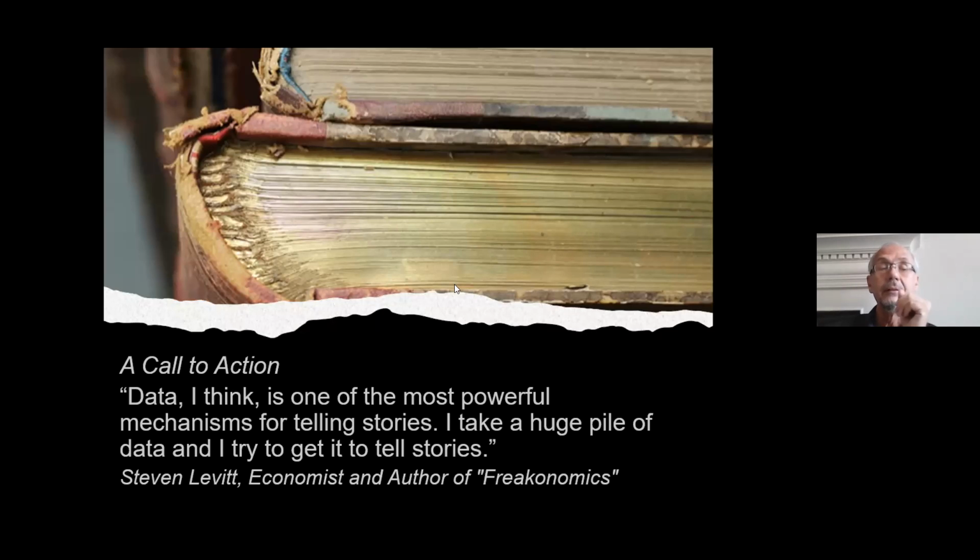So data, according to Stephen Levitt, is one of the most powerful mechanisms for telling stories. I take a huge pile of data and I try to get it to tell stories. And again, as Michael Quinn Patton says, there are 2 types of information that people pay attention to.